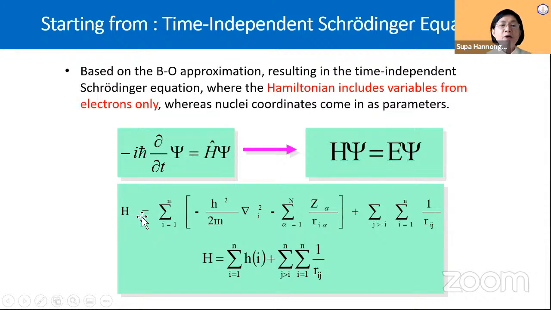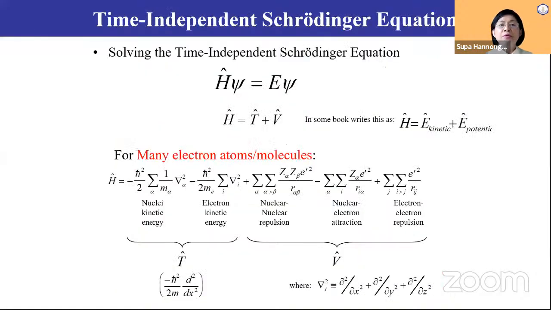Okay, and the operator, which we call the Hamiltonian operator or H, consists of the terms that represent the electronic Hamiltonian operator, which involves only electron motion.